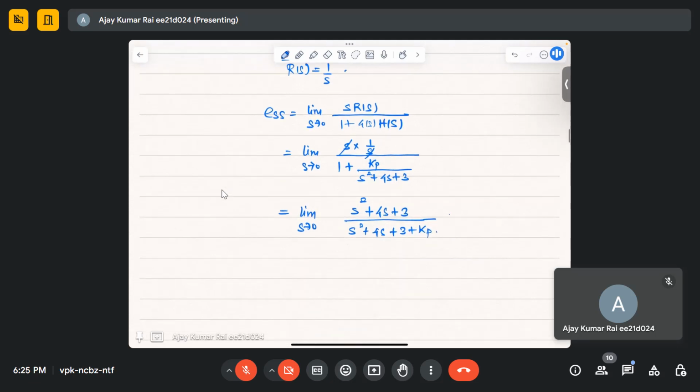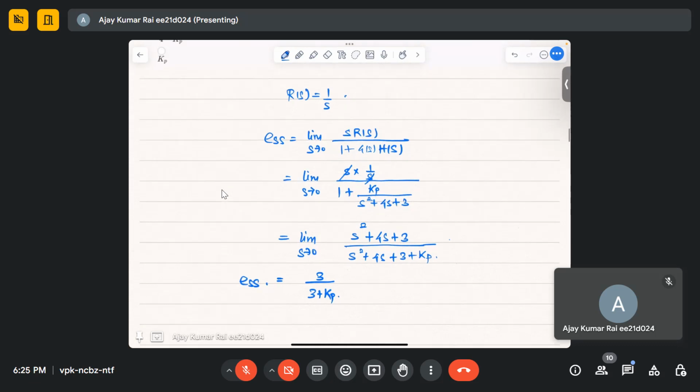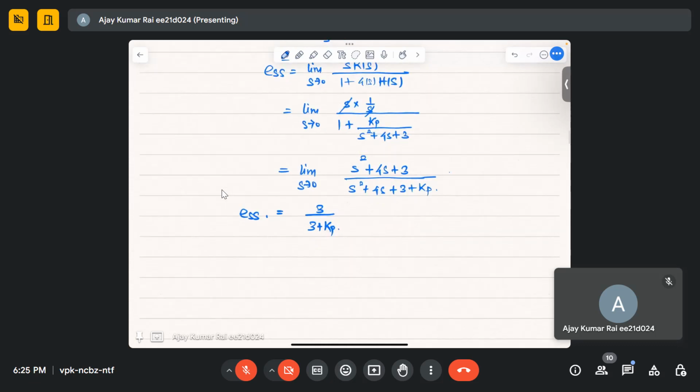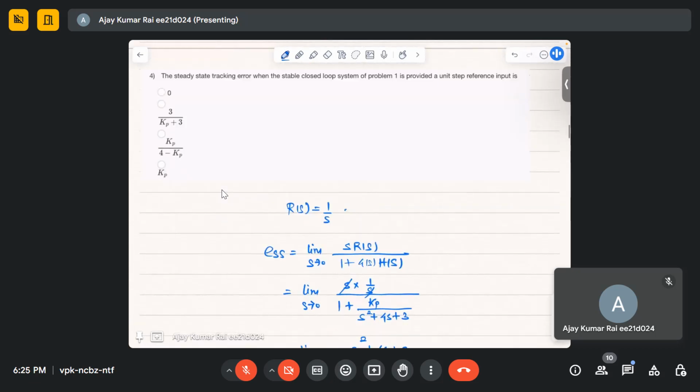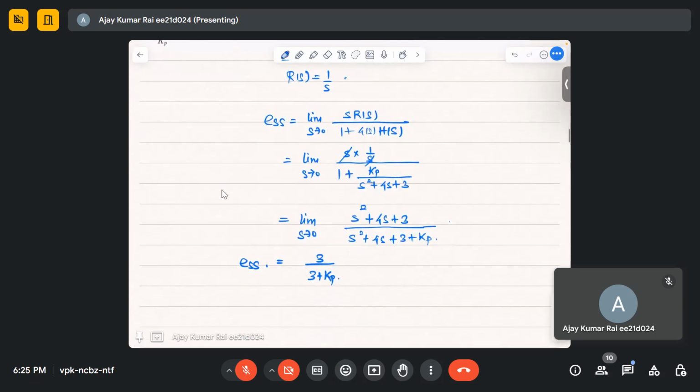If you put the limit, what you'll get? 3 by 3 plus Kp. So ess is 3 by 3 plus Kp. Okay, so what is the correct option? Option 2 is correct. Any doubt in this question?